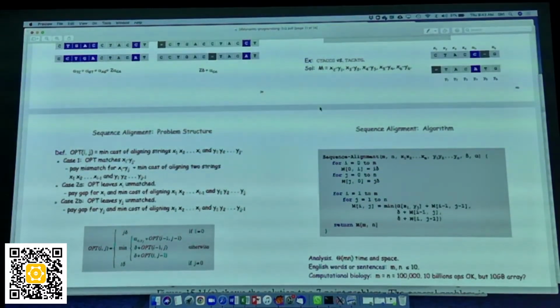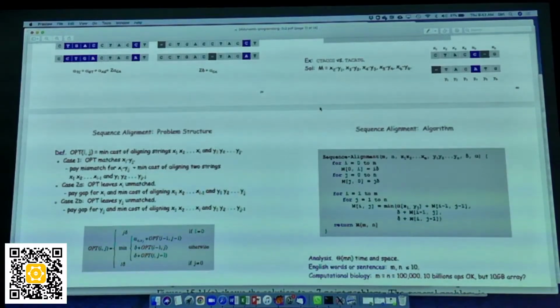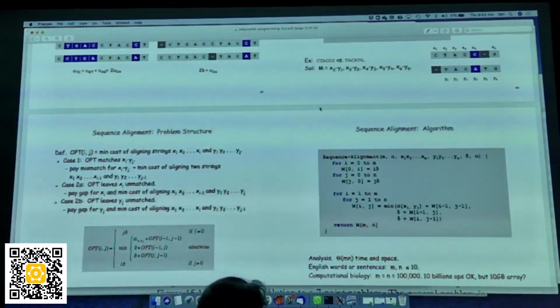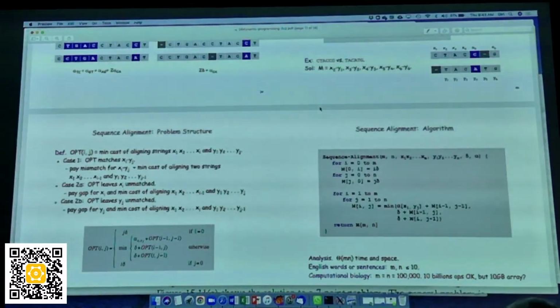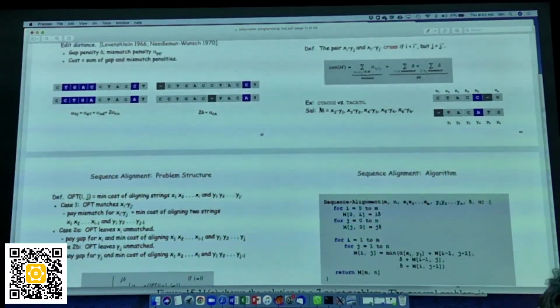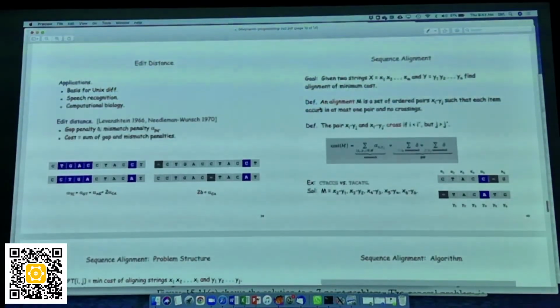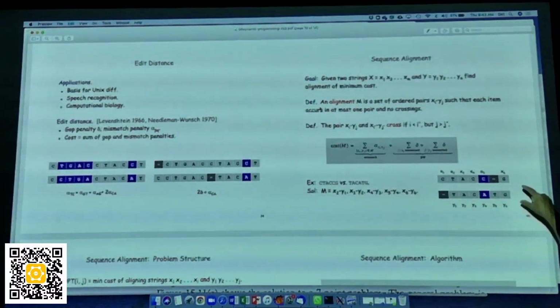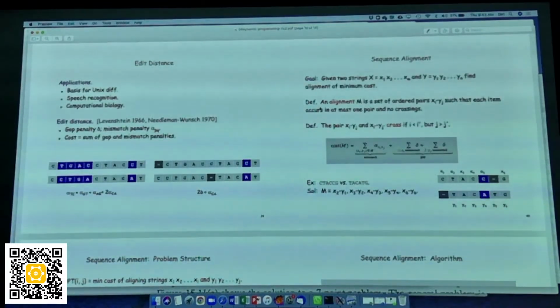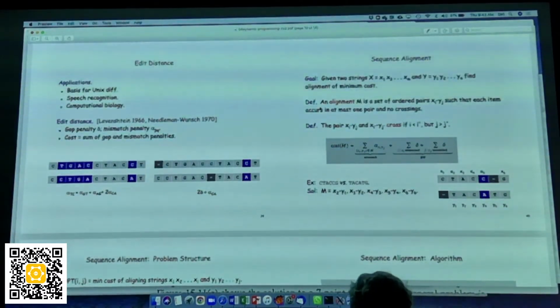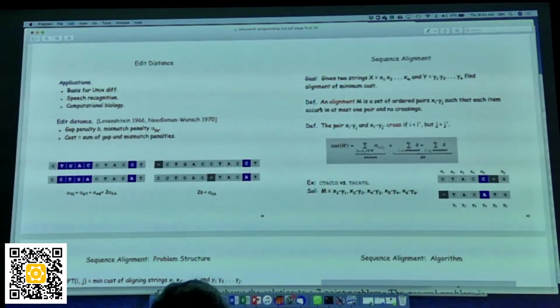Before we go to the recurrence relation, it's a good idea to think about what the logic is behind it. So the logic is actually quite simple. Let's say we take that example there. If those are your two strings, we start at the right end and say either the last two characters are aligned, sitting right below each other, or they're not.